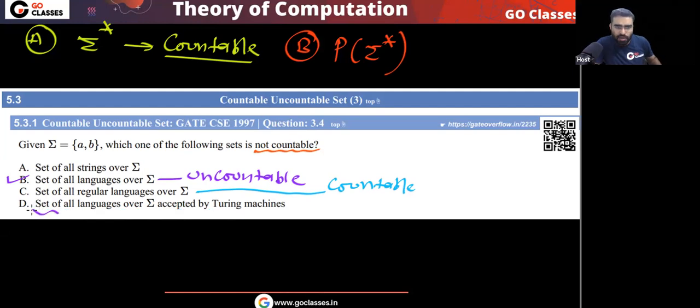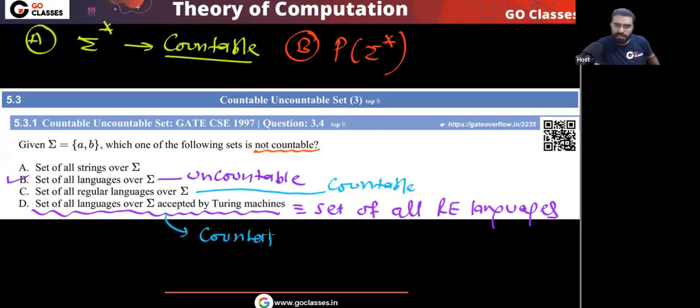See, this is nothing but the set of all RE languages, recursively enumerable languages. This is also countable. So for this question, the answer will be option B. Option B is uncountable. Remaining all the options are countable.